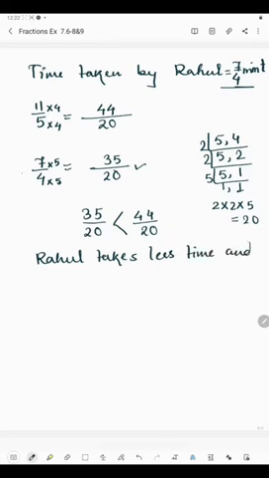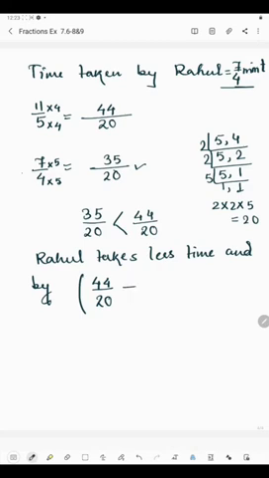And by what fraction? Again comparison comes, so we will have to subtract these two to find how much less time is taken by Rahul, right? So 44 we will write at first because 44 is greater than 35, and while doing subtraction we always write the greater number at first.